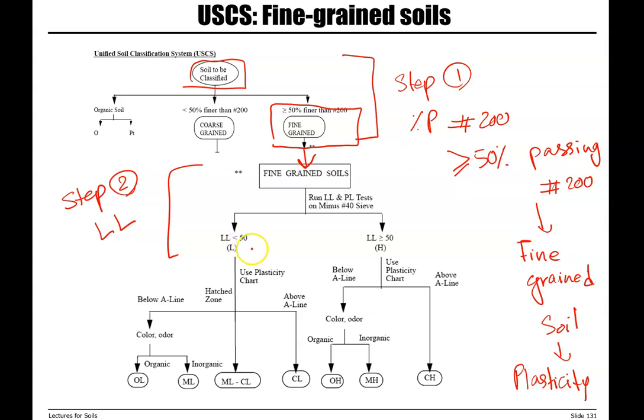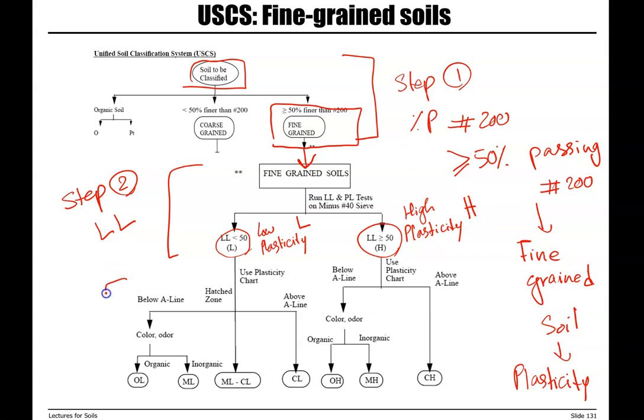If liquid limit is less than 50%, we have low plasticity, and we will use letter L. If liquid limit is equal or higher than 50%, then we have material with high plasticity, and we will use letter H.